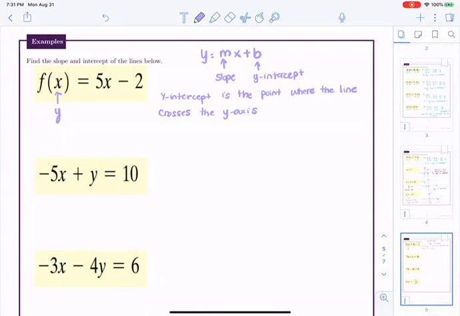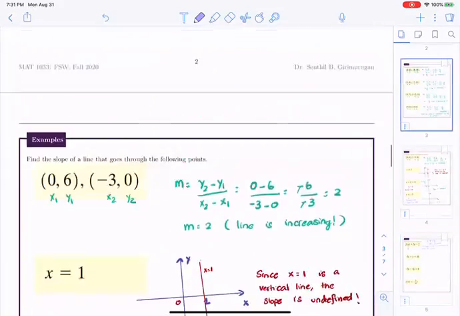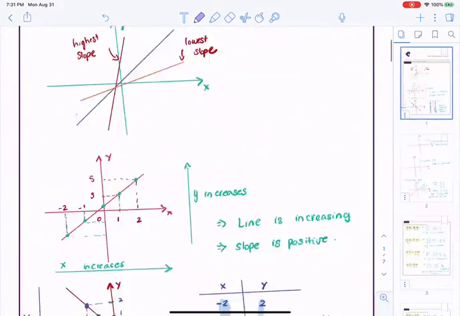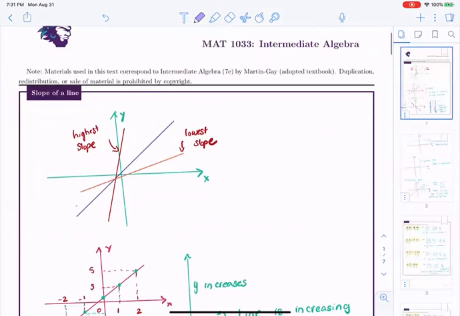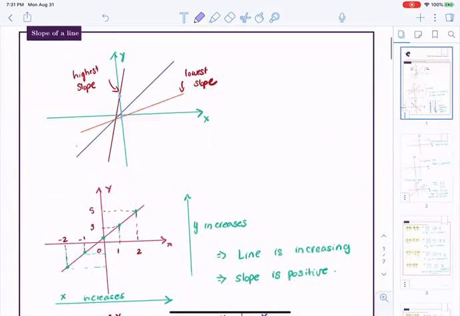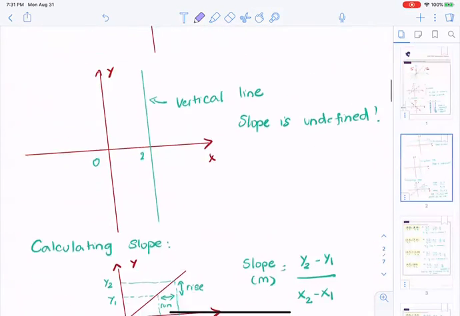If you go back to the lines that I drew at the very beginning, I have a point there, there, and there. Those are the points where the lines cut the y-axis, and those points are what we call the y-intercepts.